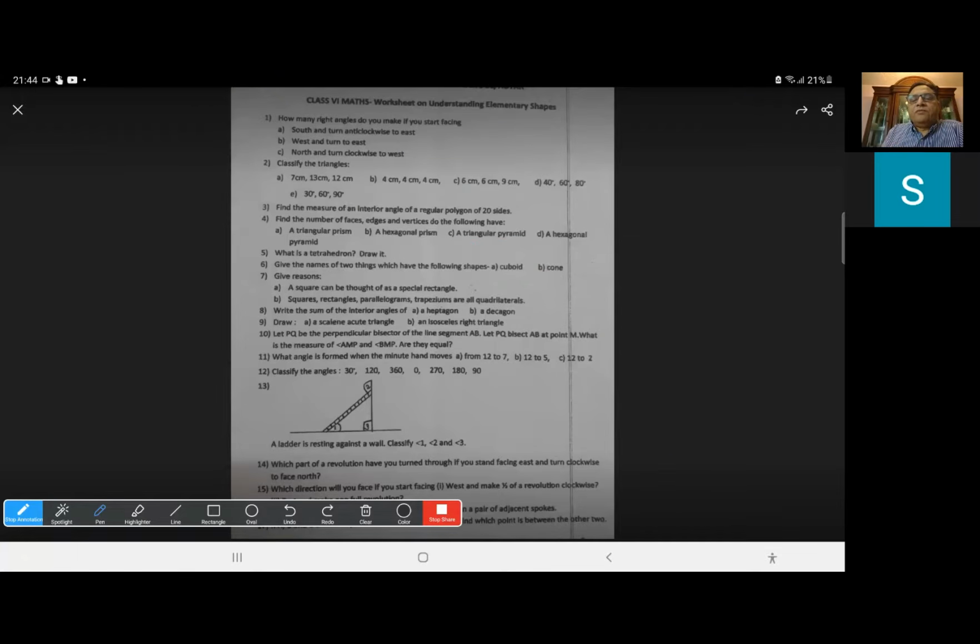Can you tell me, for a triangular pyramid, how many faces will be there, how many edges, and how many vertices? Can you sketch a triangular pyramid? Now tell me, in this triangular pyramid, you understand this is a triangular pyramid? How many faces are there?